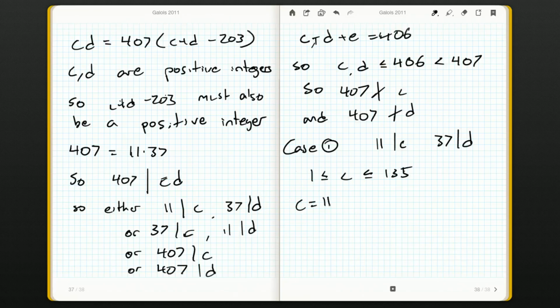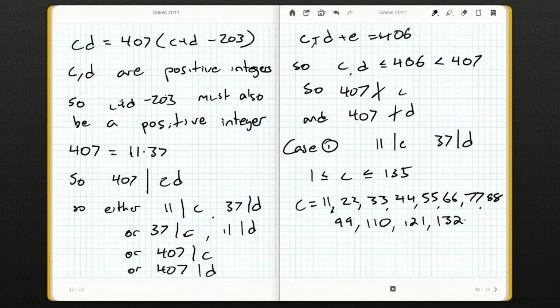So what are the multiples of 11 in here? Well, there's 11, 22, 33, 44, 55, 66, 77, 88, 99, 110, 121, and 132. So those are the only possible C values we could have. Now as for D, well, we could plug each of these C values in and get a quadratic formula.